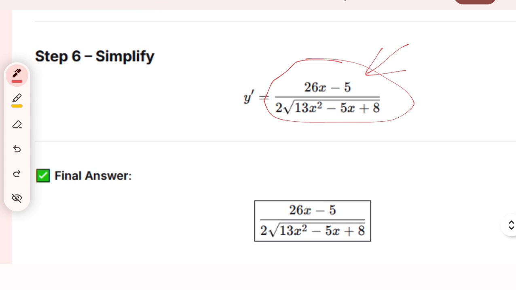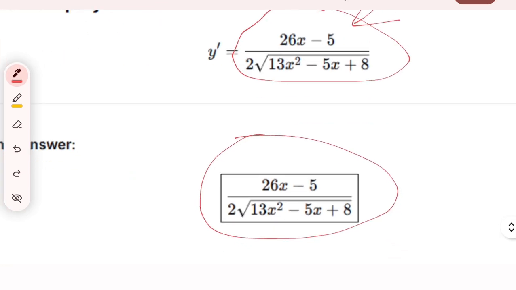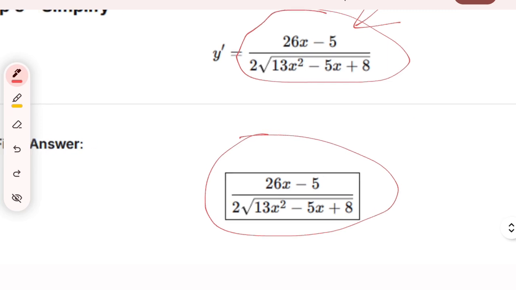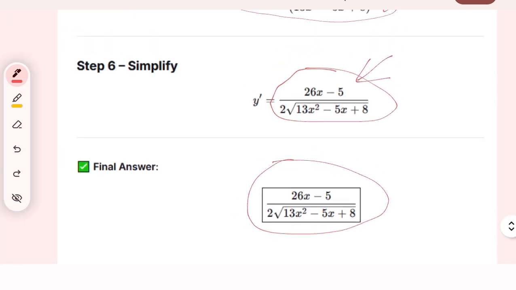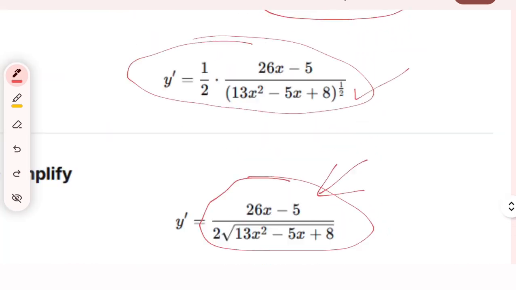So, since we cannot simplify this, we cannot factor the numerator, we cannot factor the denominator, that means that would be the final answer. And the final answer is this. We simply copied it. So 26x minus 5 divided by 2 times the square root of 3x squared minus 5x plus 8. Oh, by the way, where is the square root coming from? It is from the raised to the power 1/2.